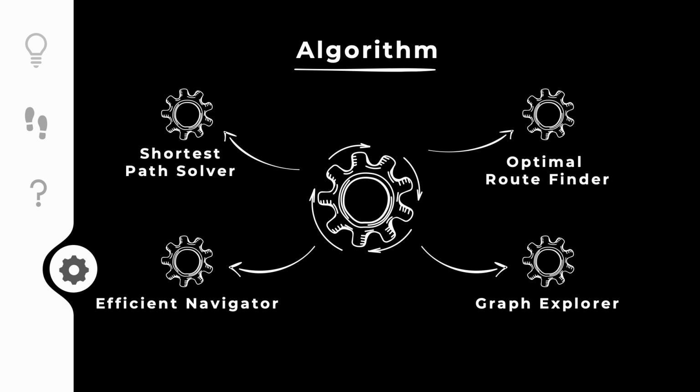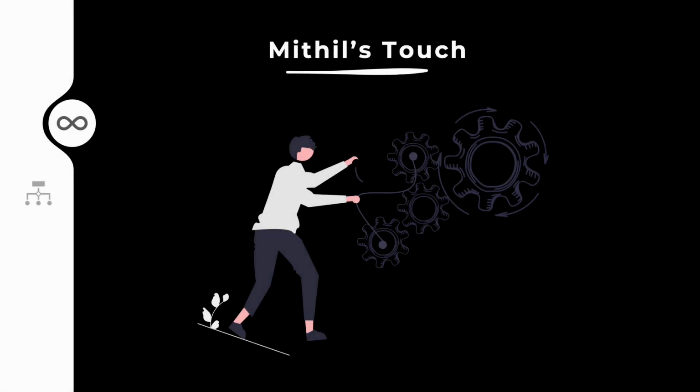Then there comes Mithil's touch. That means your pilot's touch. I have modified the traditional Dijkstra's algorithm to adapt to the varying transit timings. Instead of treating the transit times as constant, I incorporated a time-dependent function.